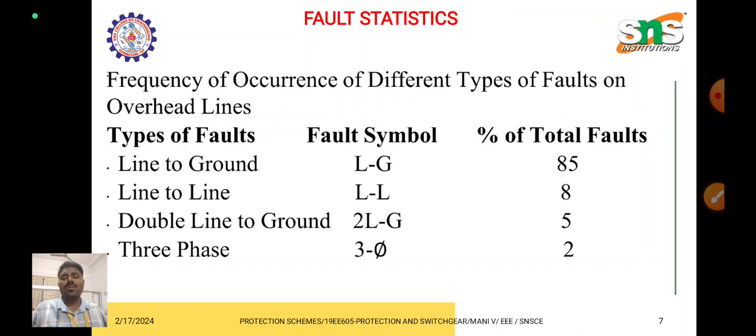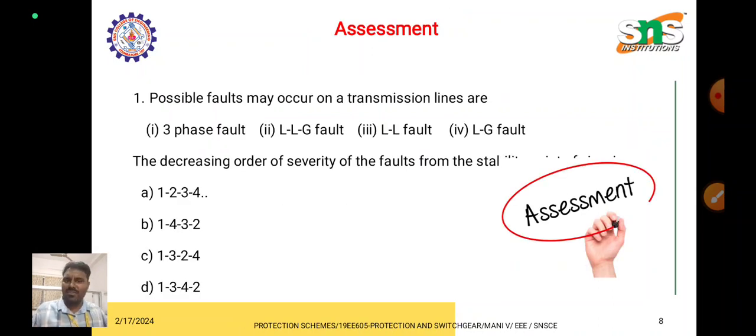And all three phases short circuited is extremely rare. So the majority of faults, around 80 to 85%, are a single line connected with ground.